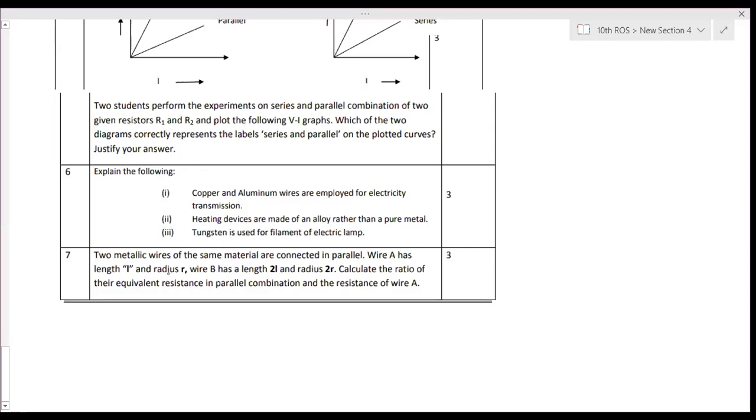So it'll be 1 by 2, 1 by 2. So it'll be 1 by 2 plus 1 by 2.